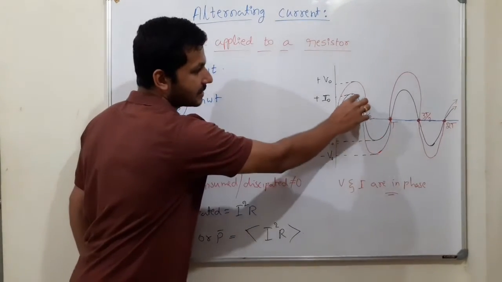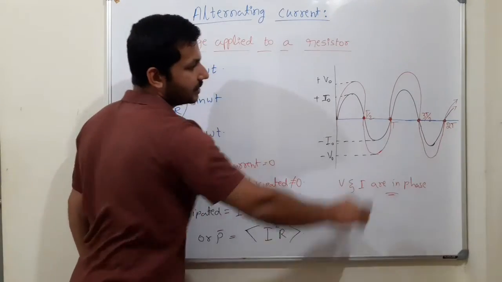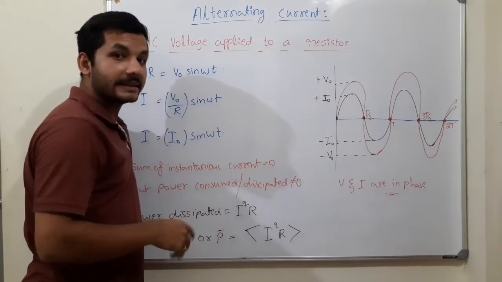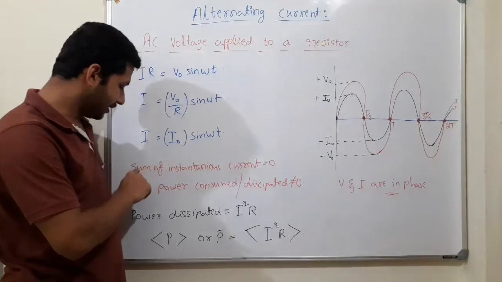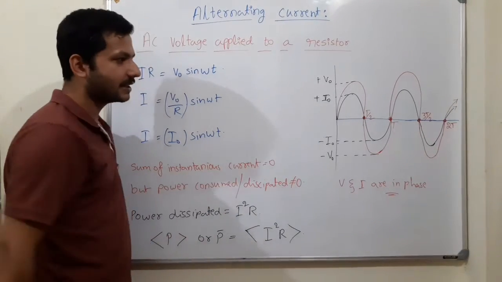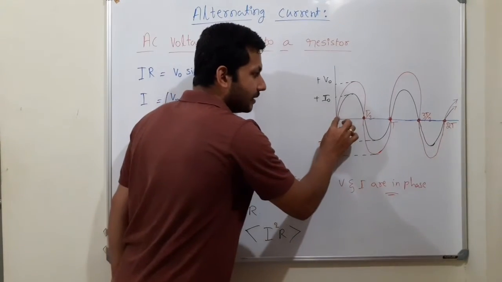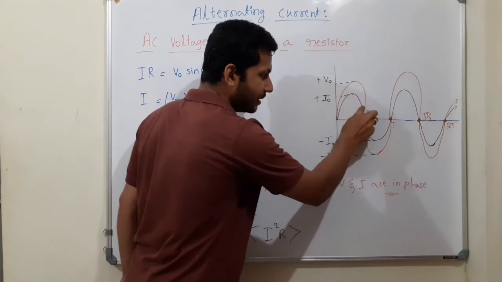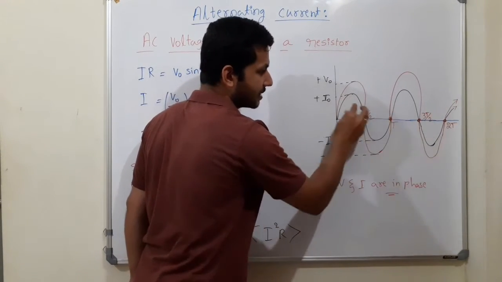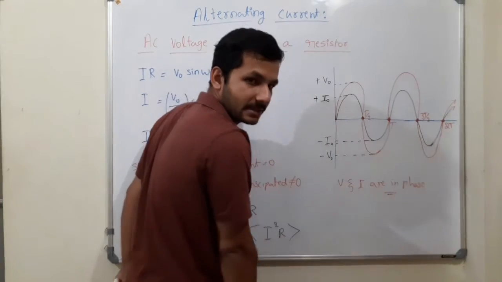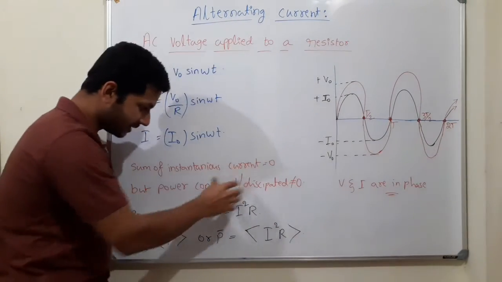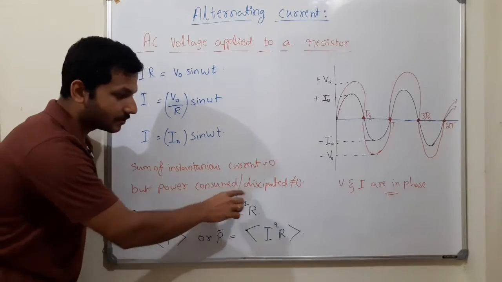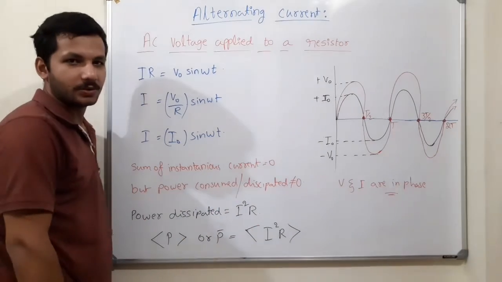If it is plus 10, minus 10 will be in the opposite direction, so it gets cancelled. Even though the sum of the instantaneous current is zero, because it moves in positive and negative direction, if it is 5 ampere, minus 5 ampere in the opposite direction, plus 5 and minus 5 get cancelled. Even though it is zero, the power consumed or dissipated cannot be equal to zero.